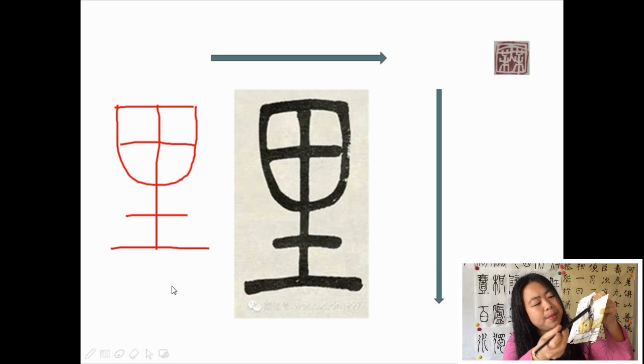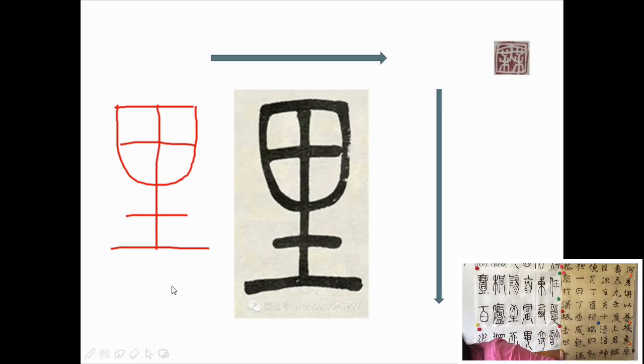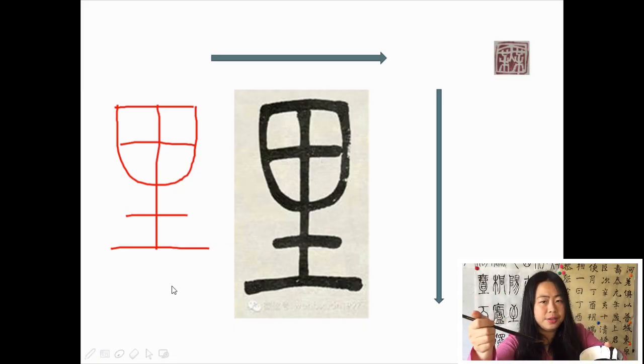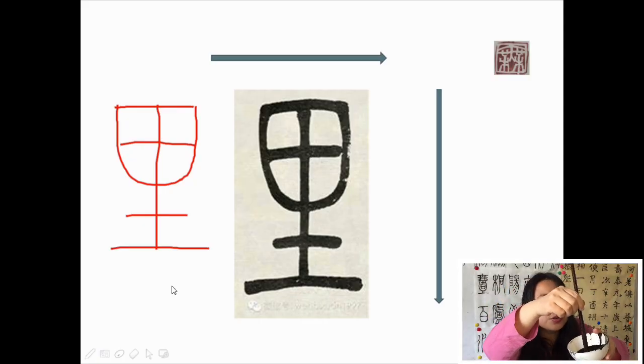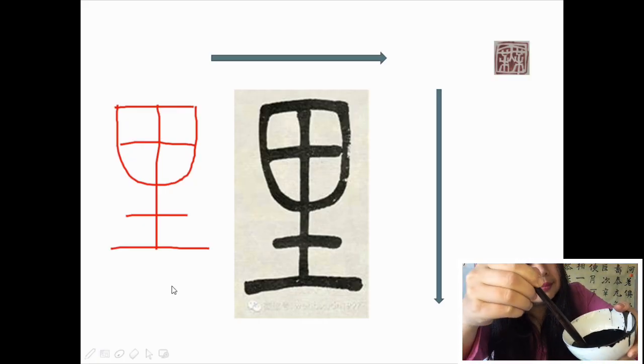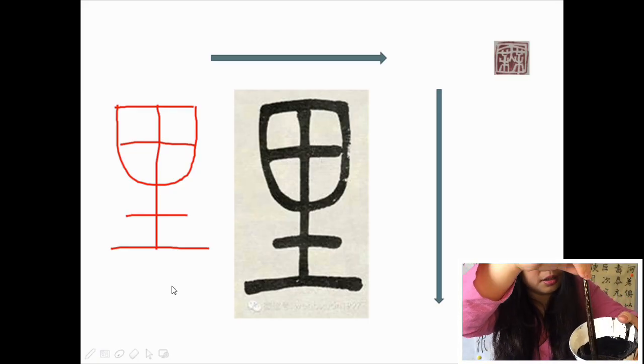Now we can dry the brush on it. Now we need some ink. This is ink. We put 1/3 of the brush into the ink. Only 1/3, you can see it, right?